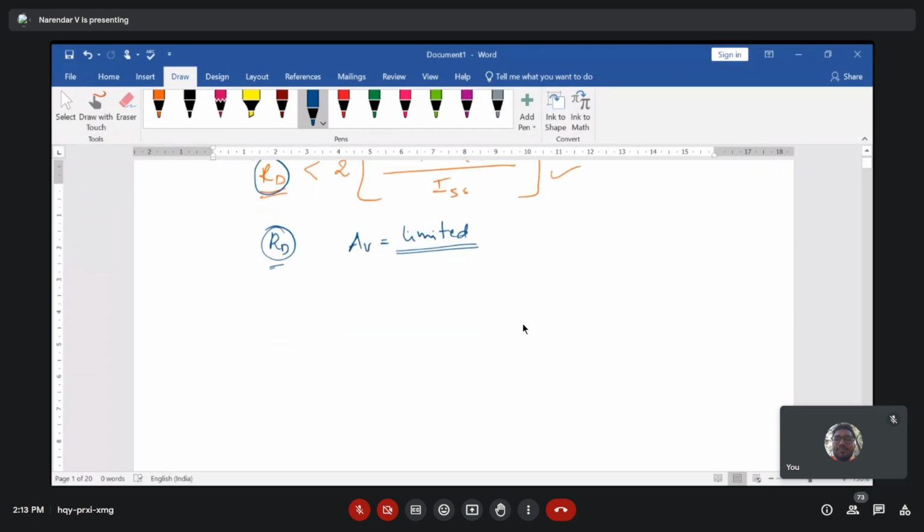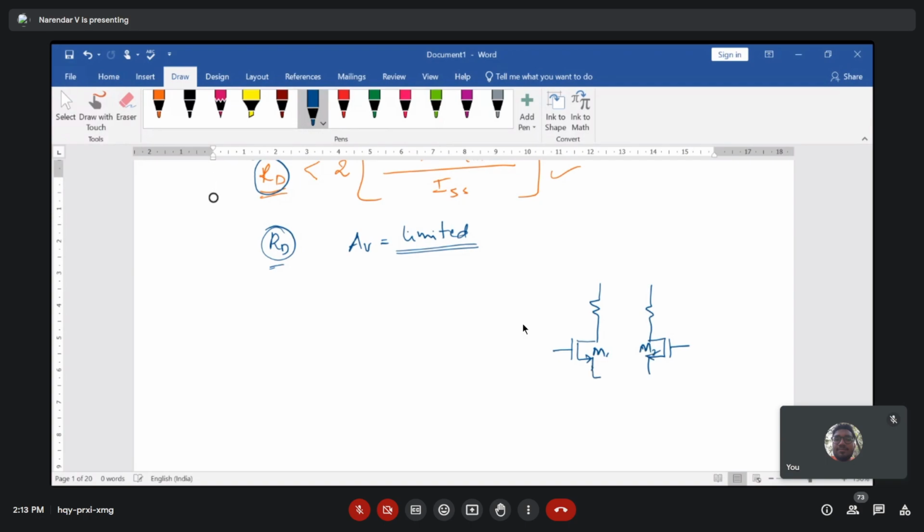Now let's take an example and analyze what the value of RD can be. Let's take a differential amplifier with a common mode signal VCM. Let me draw it here. This consists of two transistors M1 and M2.